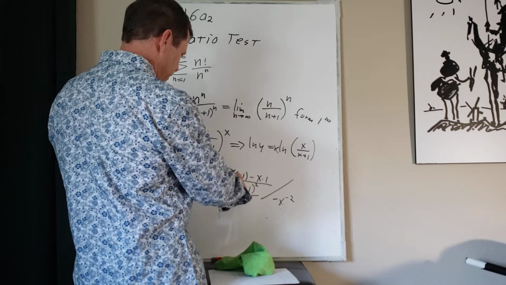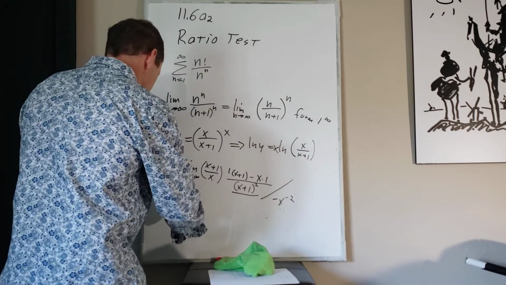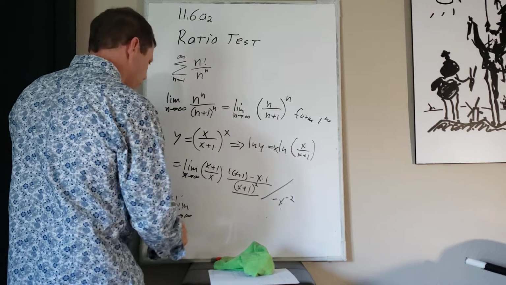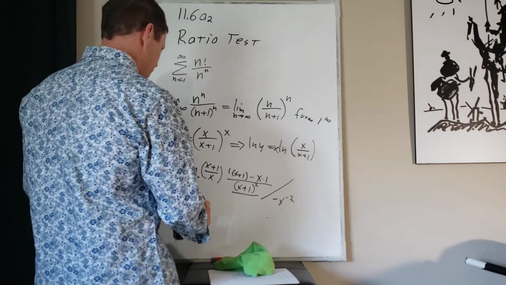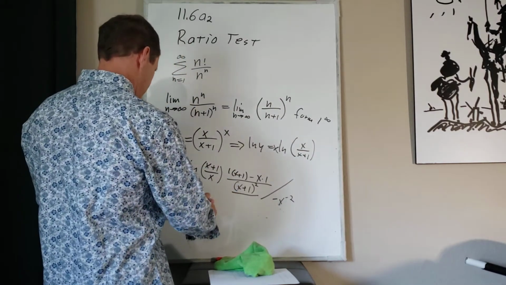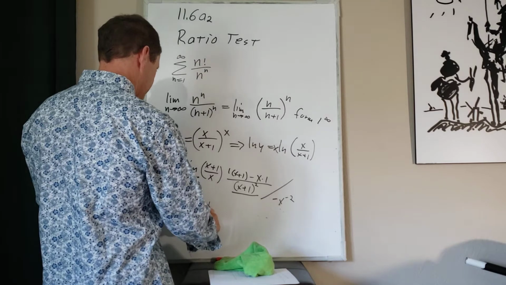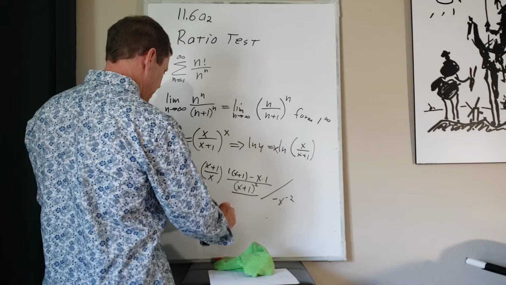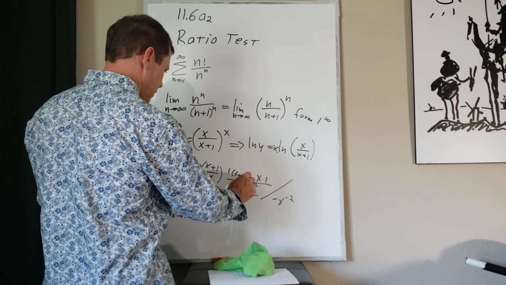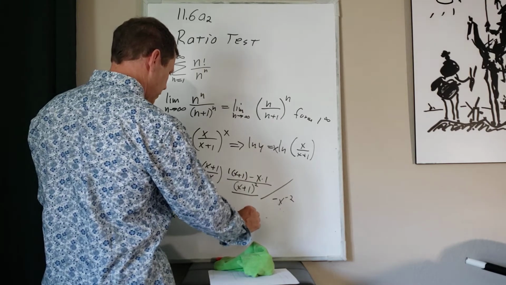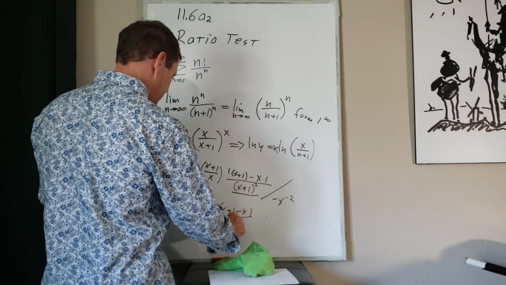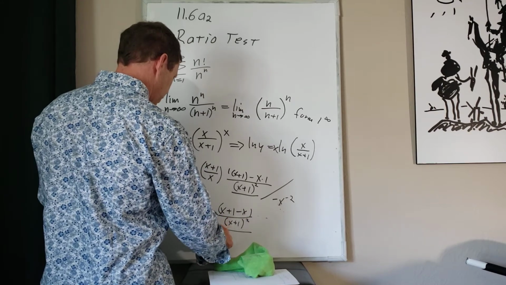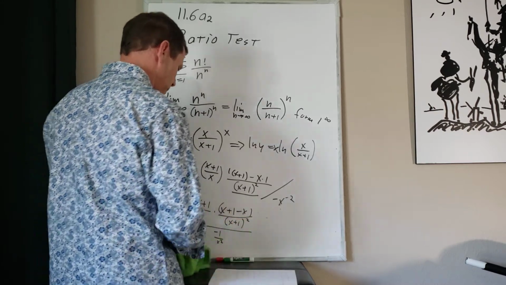I got on top, so I have the limit, sorry, this one's a little longer than I thought it was going to be, as x goes to infinity, and I've got x plus 1 over x, and this is going to be times x plus 1, this, minus x over x plus 1 squared, and all that's over a negative 1 over x squared.